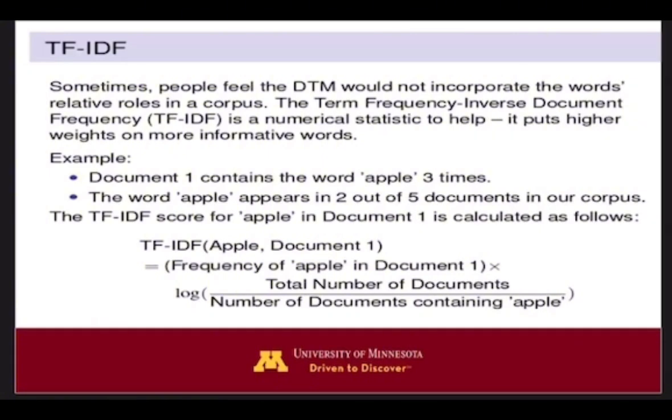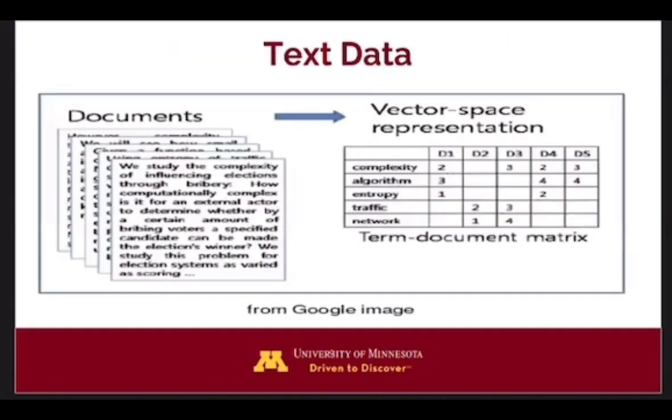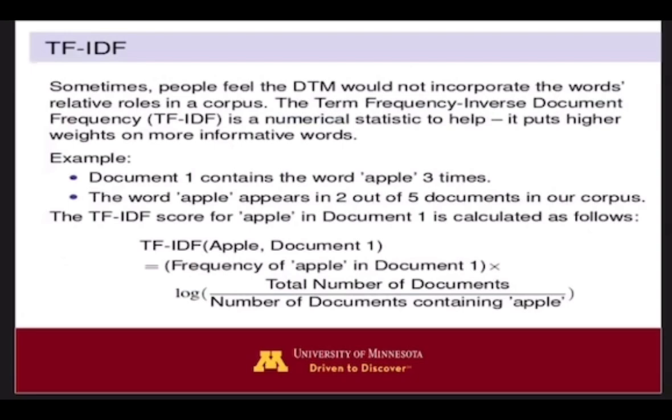Okay, now in the example, let's say in a particular document that I'm reviewing, it contains the word apple 3 times, I'm just assuming, and the word apple appears in 2 out of 5 documents.